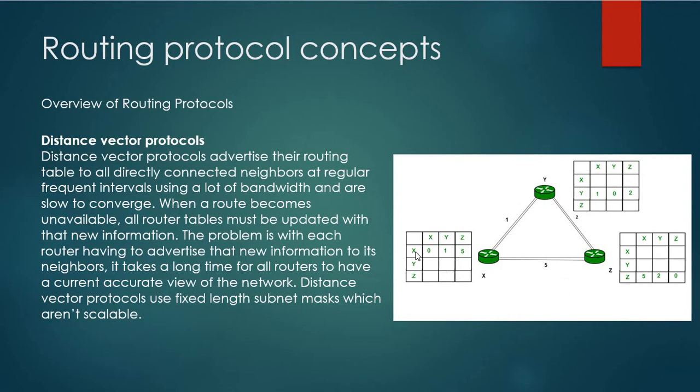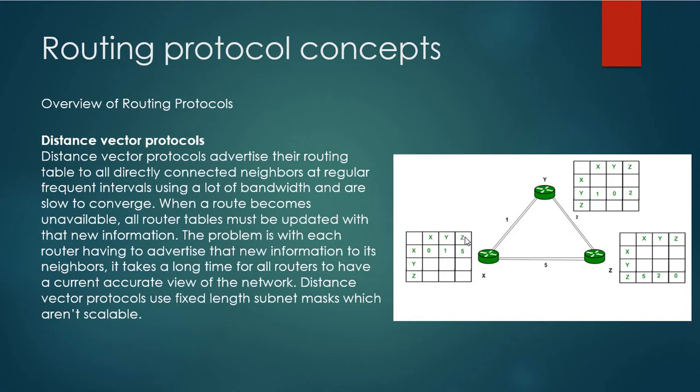From router X to reach router X itself, there is no need of a distance vector, so it is 0. For reaching router Y, the distance vector is 1, meaning from X to Y the distance vector is 1.